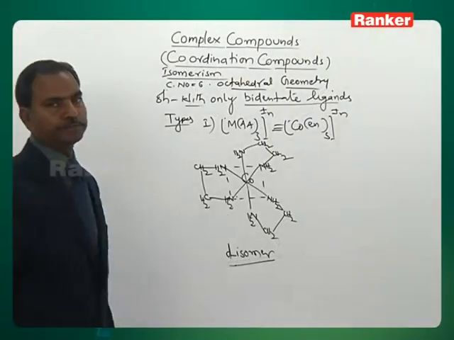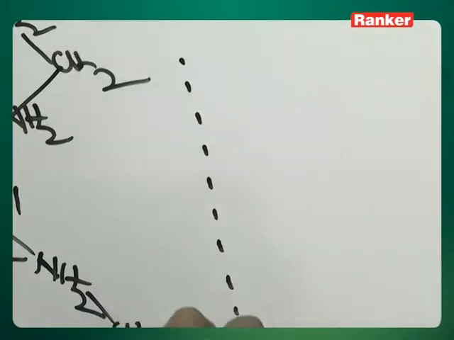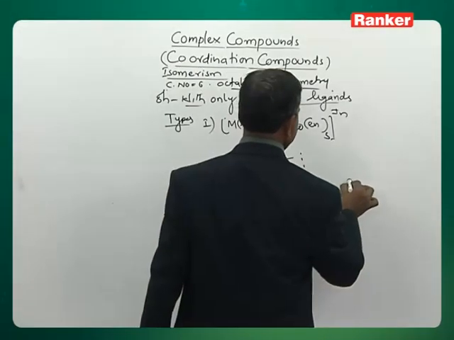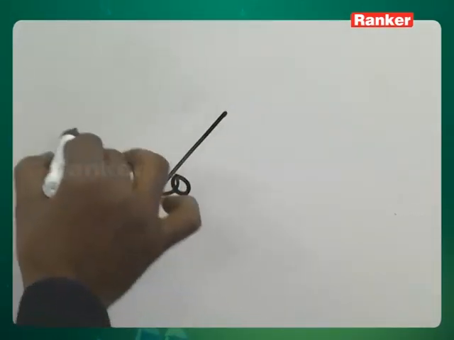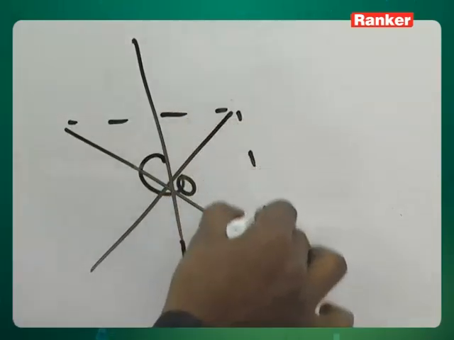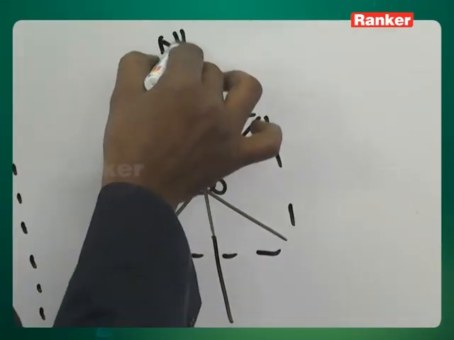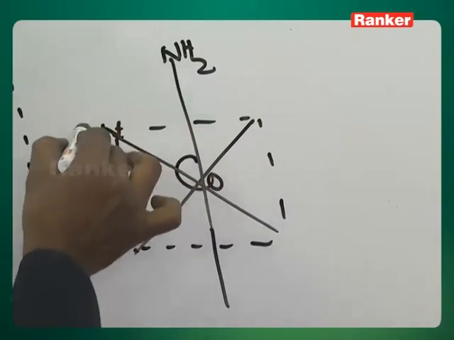D isomer. Take the L isomer. For the same mirror image, right?